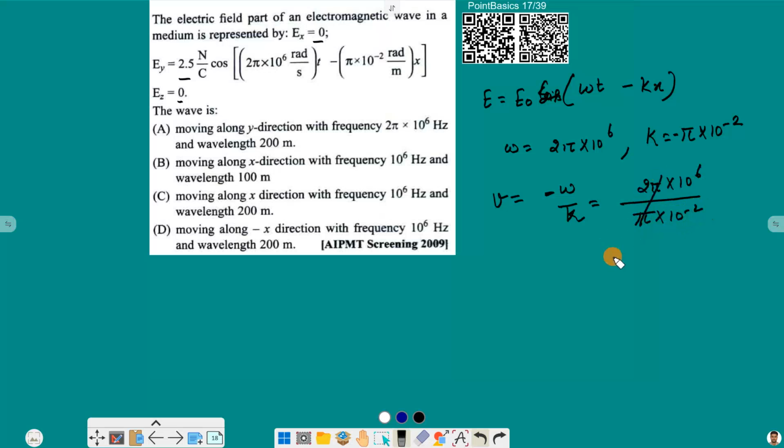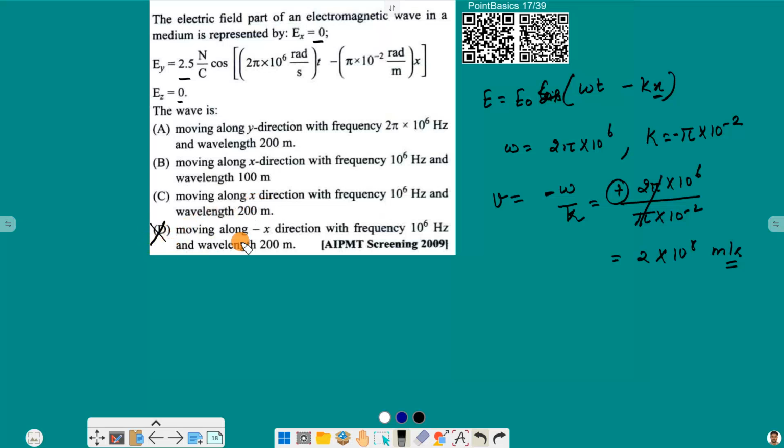So pi gets cancelled, and we have 2 into 10 raised to power 8 meter per second. That's the velocity. And direction will be, as this wave is in x, so here due to the negative sign this velocity is positive, so direction will be in the positive x direction. So we can say here moving along x.